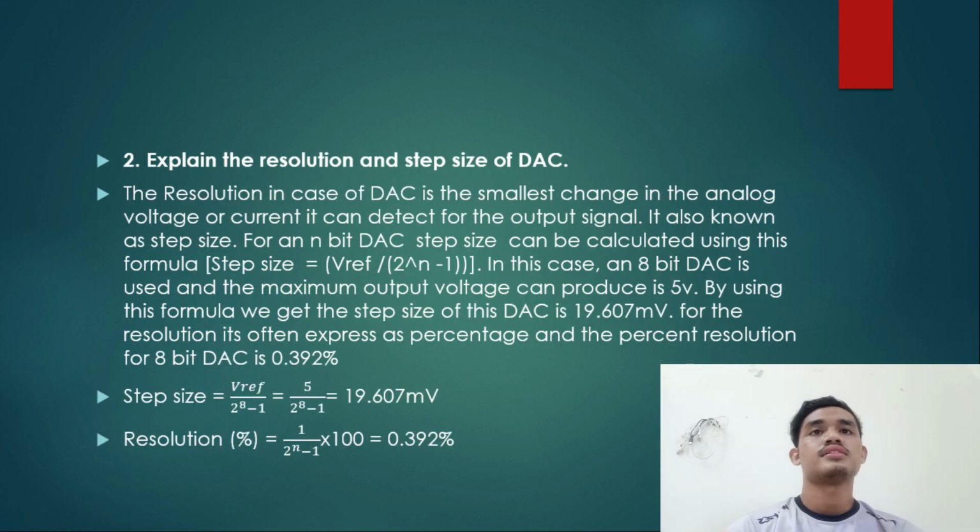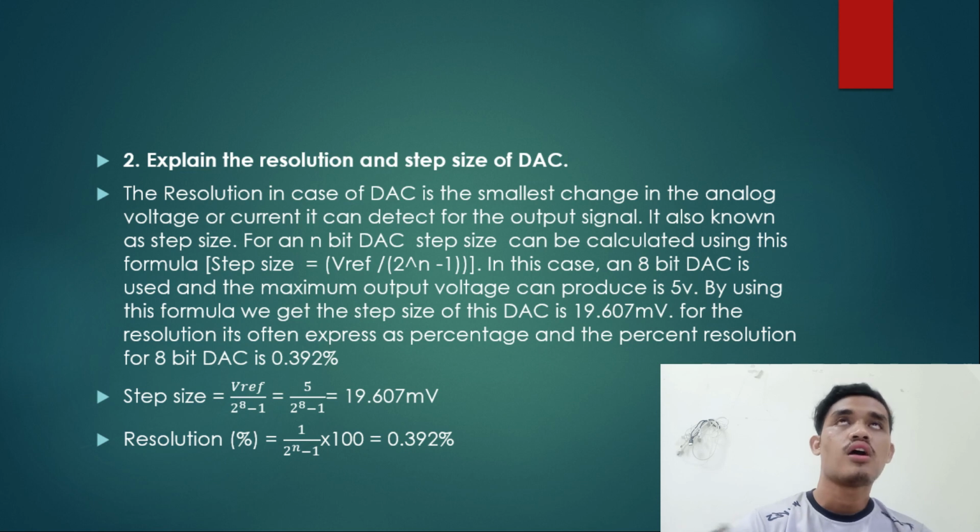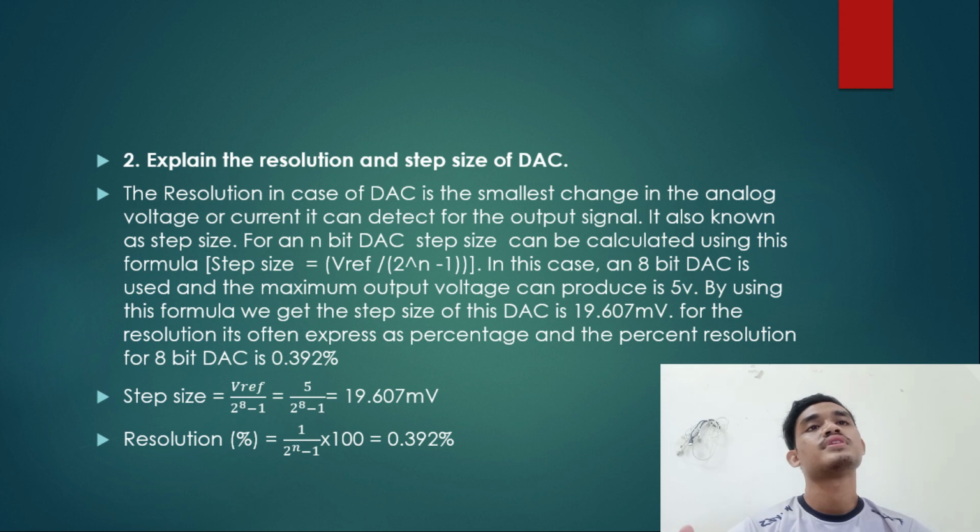Okay, next is question number 2, which asks us to explain the resolution and the step size of the DAC. The resolution in the case of a DAC is the smallest change in the analog voltage or current it can detect for the output signals, and it's also known as step size.